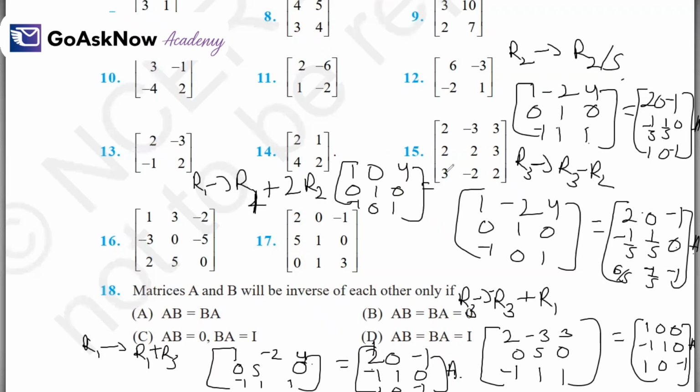And here you will get row 1 is row 1 plus 2 times row 2. So what you will get? 2 minus of 2 by 5. Okay. So 8 by 5.